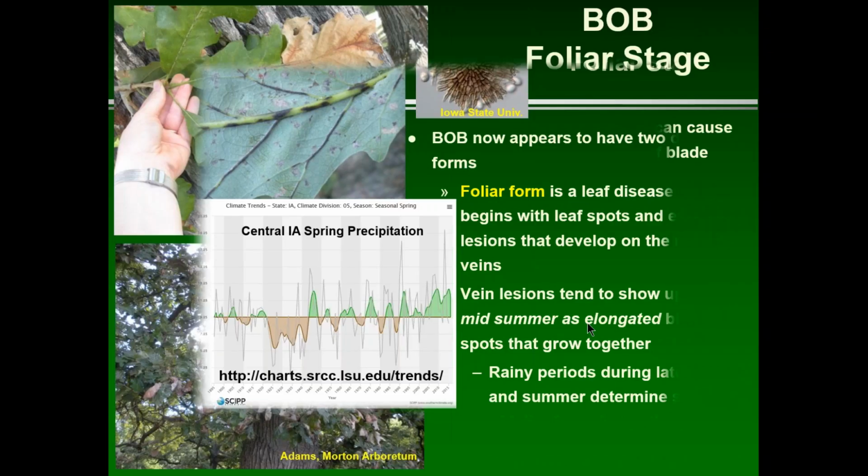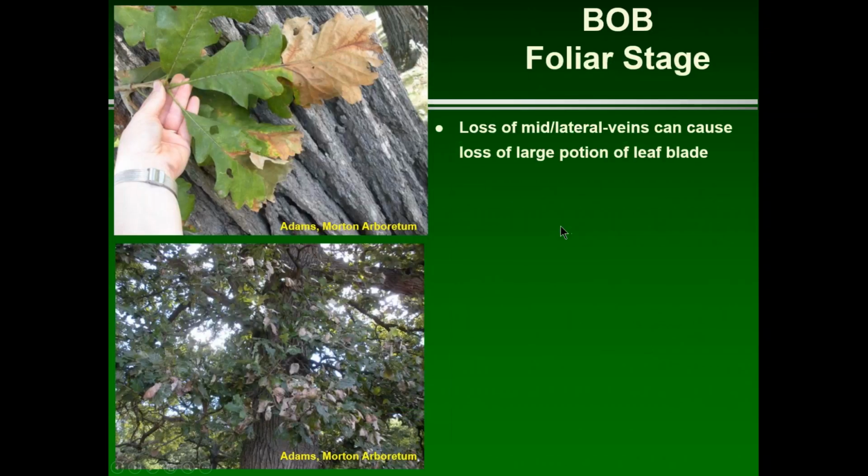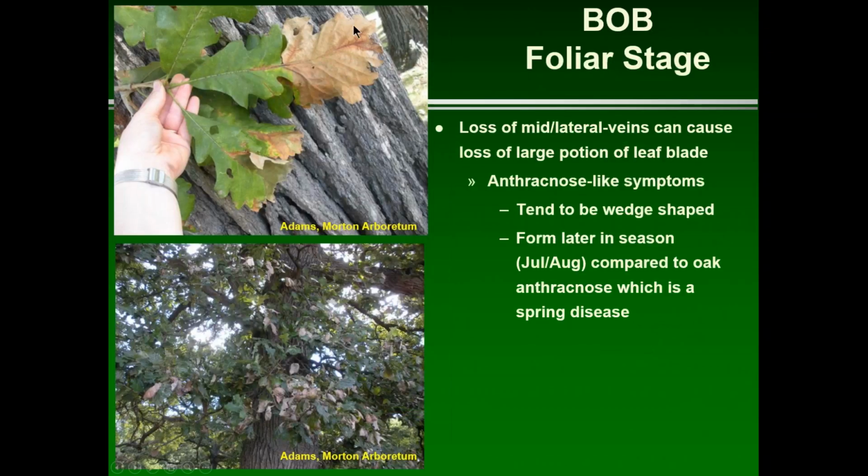And when that occurs, later on in the season, we tend to get these somewhat anthracnose-like symptoms, these blotchy brown areas that form on the foliage, because once those vein lesions coalesce, that will essentially shut down the water and nutrient transport from that vein and will cause the distal part from that point to desiccate and brown out.